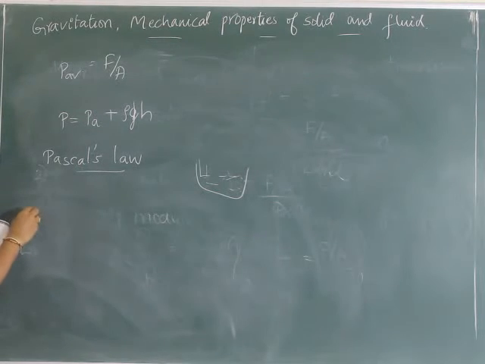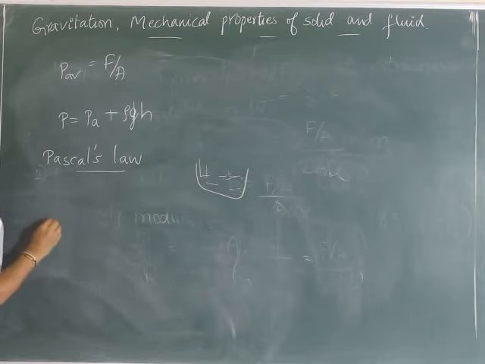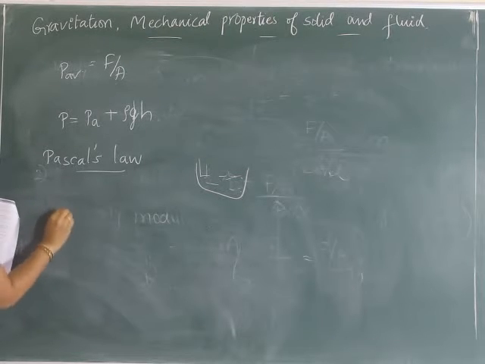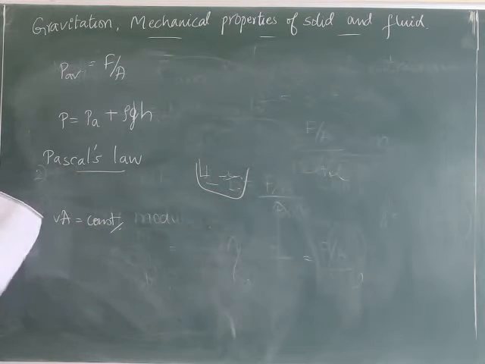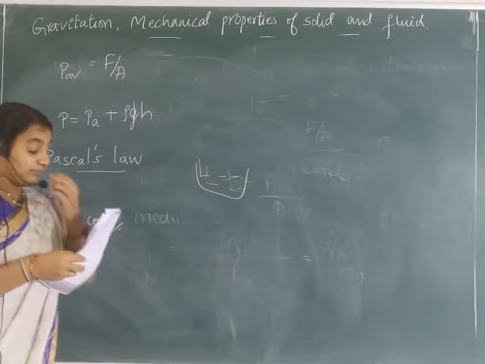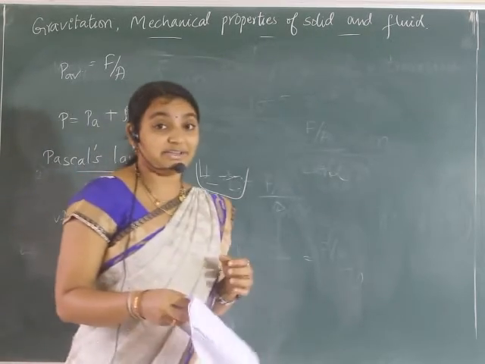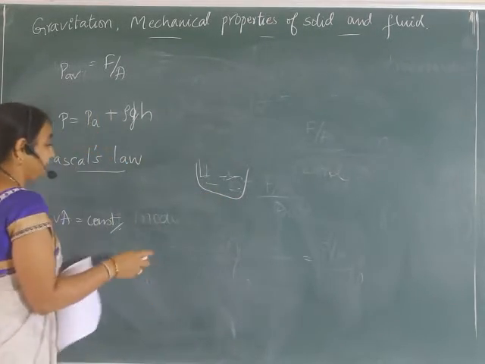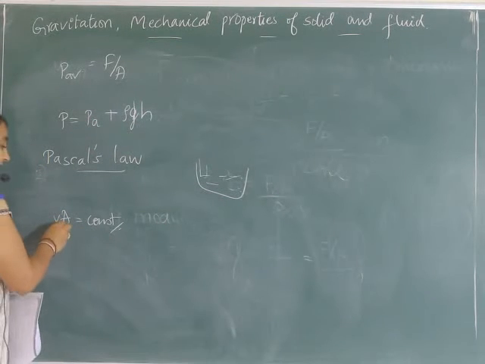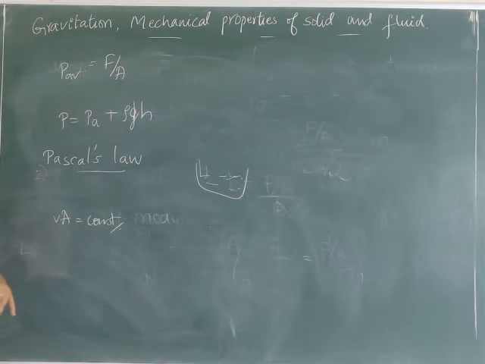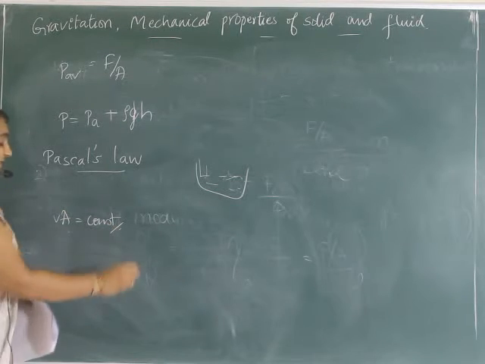Next is about the incompressible fluid. For an incompressible fluid, you should know that AV is equal to constant. What is that? If we have a fluid of velocity V moving with area of cross section A, then velocity into area of cross section should be equal to constant.